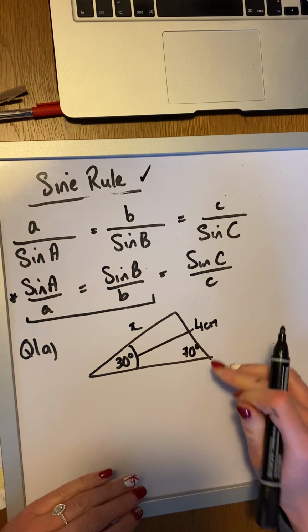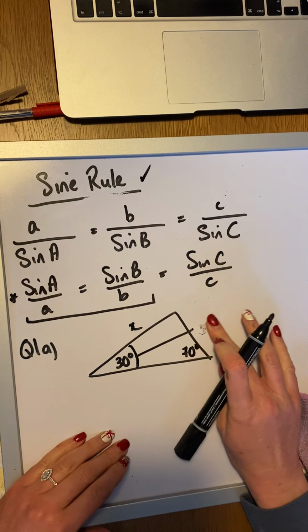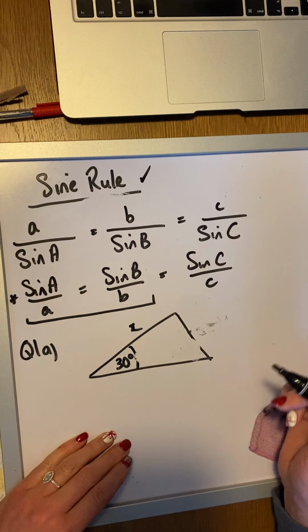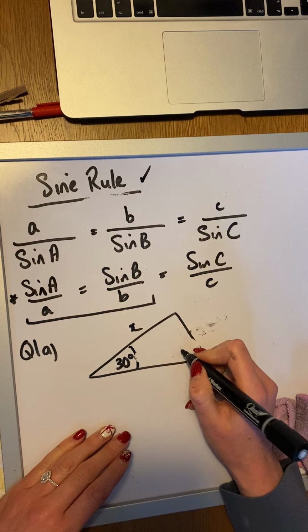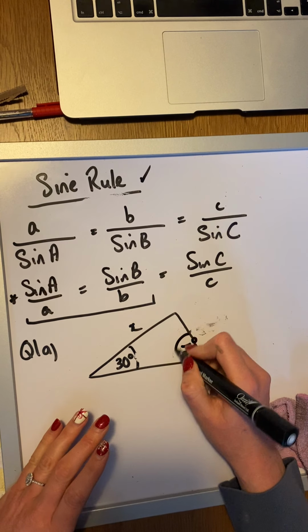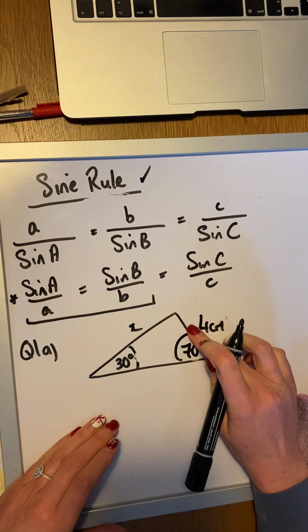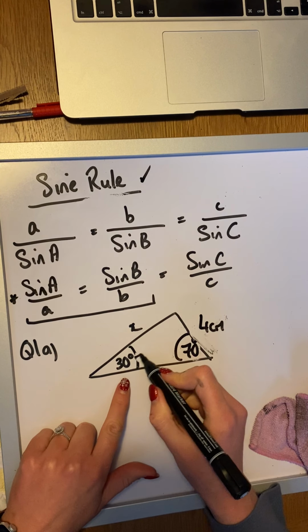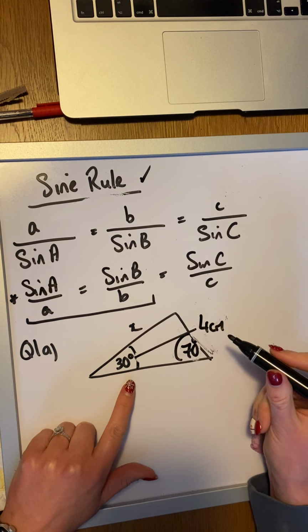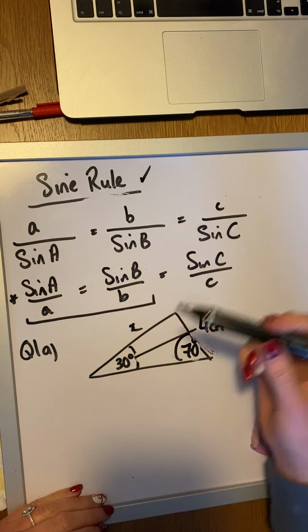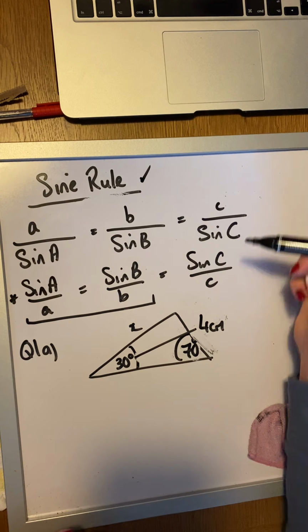If we can't do that, I'll look at a different example later on. So we know that this is 4 centimeters. We know that 30 and 4 are directly opposite each other. Now in this case, because we're looking for a missing side, I'm going to use the top version of my formula.